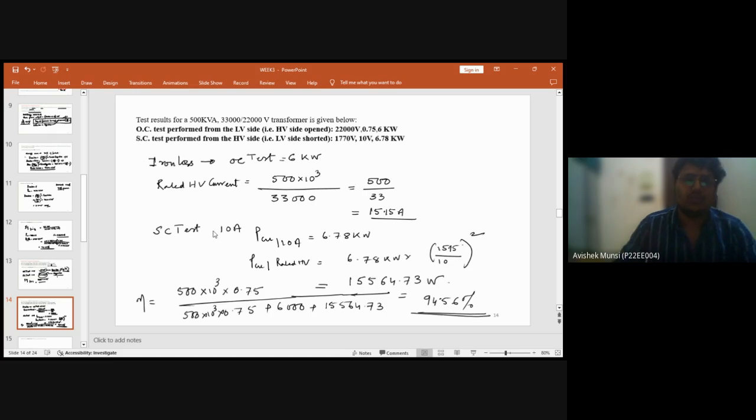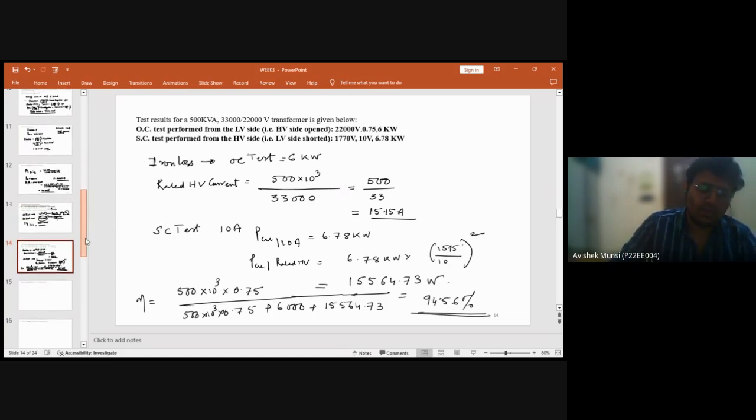Suppose you got this answer, 94, it is correct. If you got 70 around, it is not correct because you put the copper loss at 10.